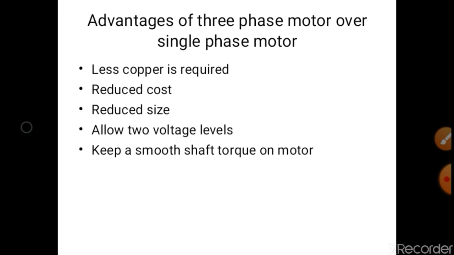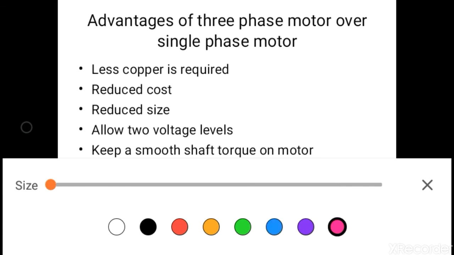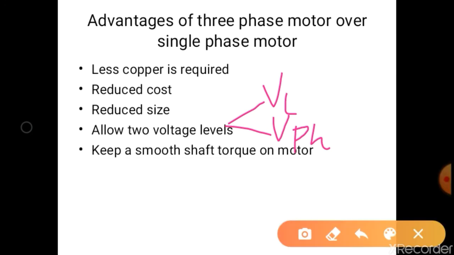It allows two voltage levels, that is VL, which is the line voltage, and VPH, which is the phase voltage, and it keeps a smooth shaft torque on the motor. So these were some of the advantages of three phase motors over single phase motors.